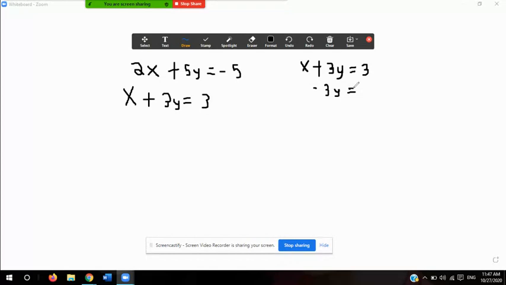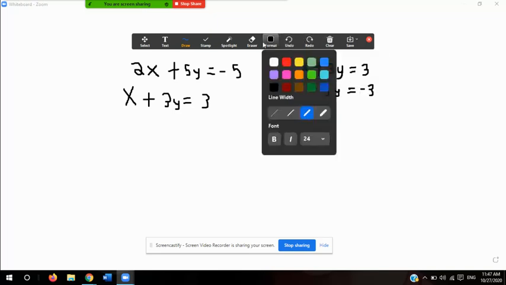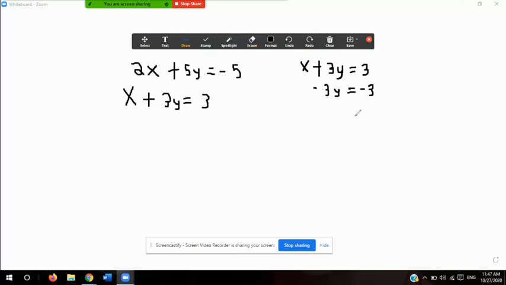So x, and then this is going to cancel out, and that's going to leave me with x equals 3 minus 3y. So I'm done solving for x. I don't know the value of x yet, and the reason I don't know the value of x is because I don't know the value of y. So I did step 1, which in this case was to solve for x.